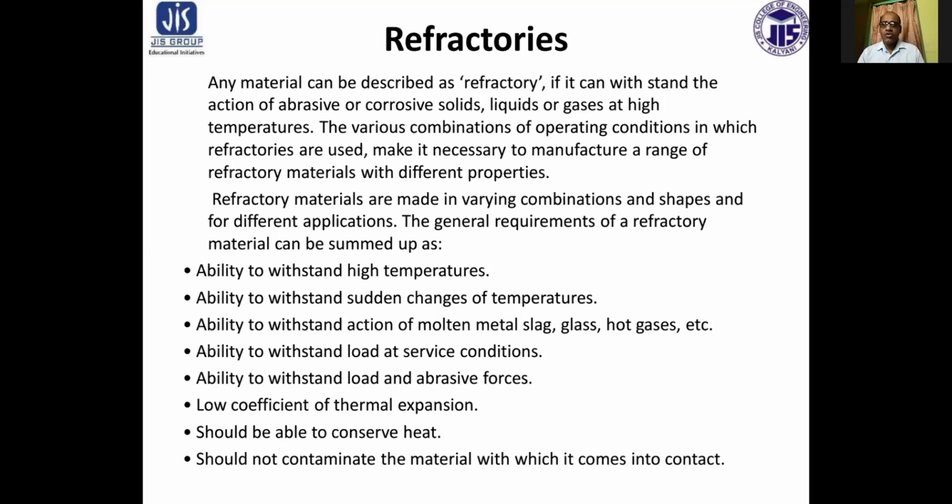It must have a low coefficient of thermal expansion, should be able to conserve heat, and should not contaminate the material with which it comes into contact.